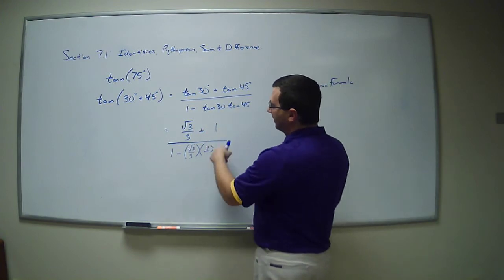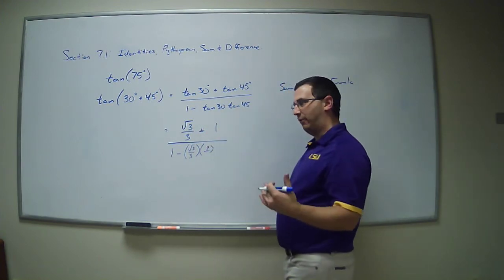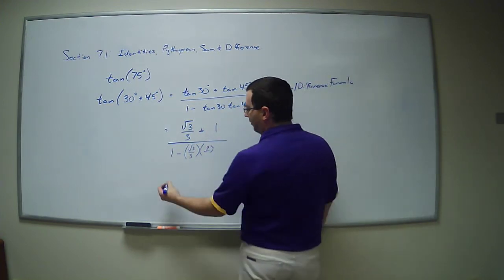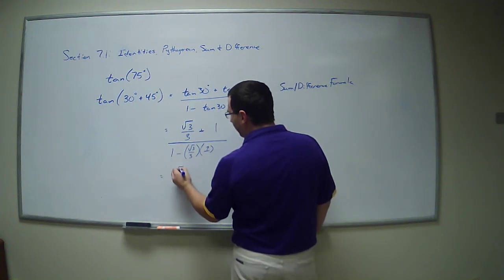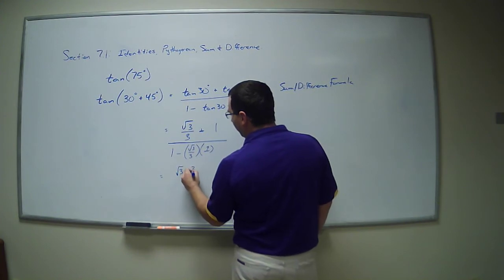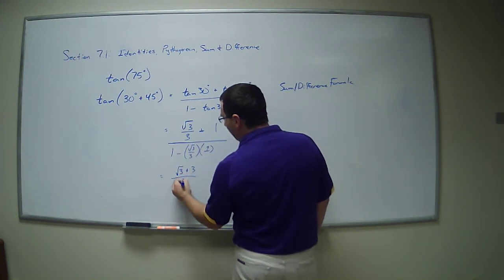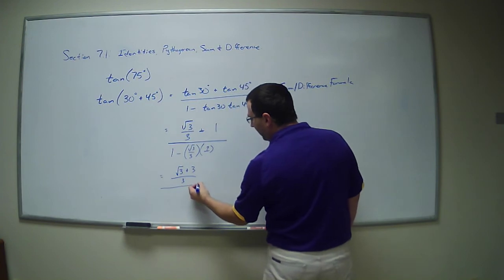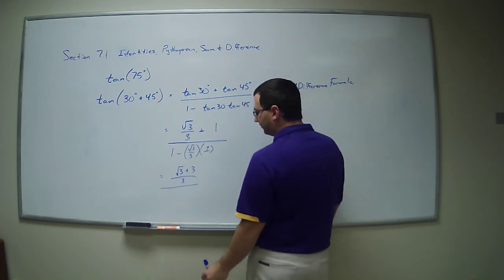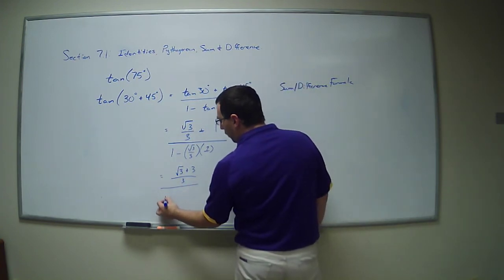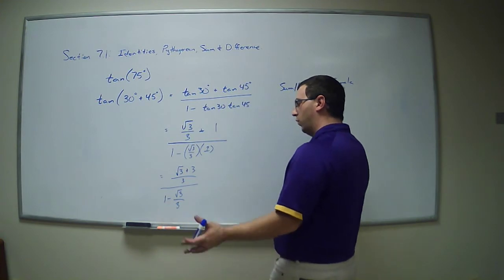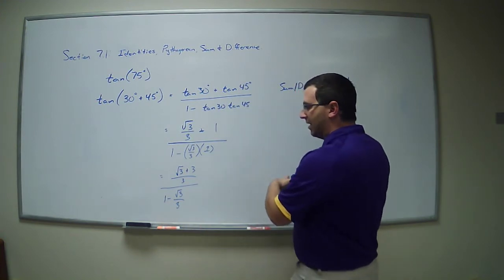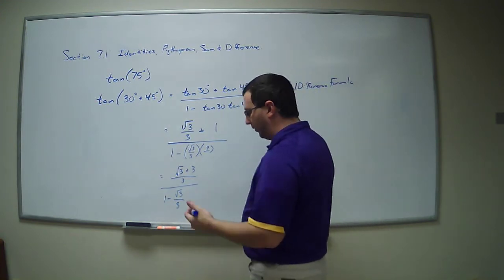Square root of 3 over 3 plus 1, we're having to add fractions. Common denominator would be 3. So on the top, it would be square root of 3 plus 3 over 3. And on the bottom, we would have 1 minus the square root of 3 over 3, which has a least common denominator of 3.